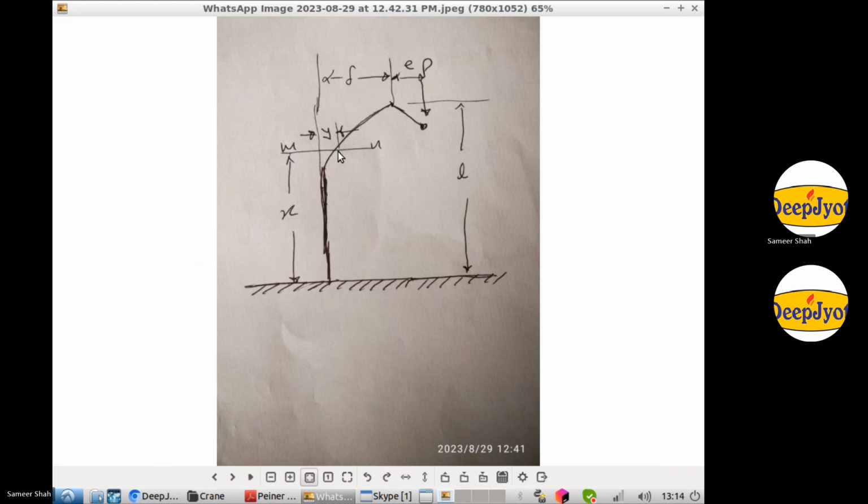There are formulas in advanced books. The formulas are given at x distance or x height, how to measure the stresses in the column. There are formulas to measure stresses at the base.